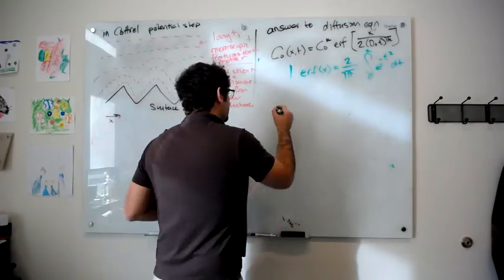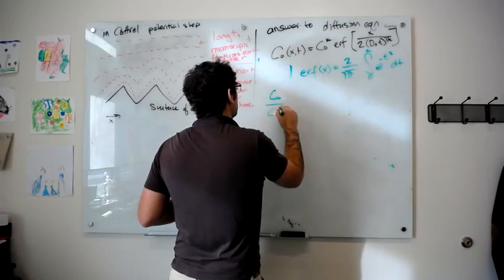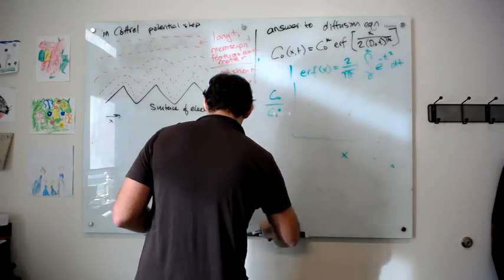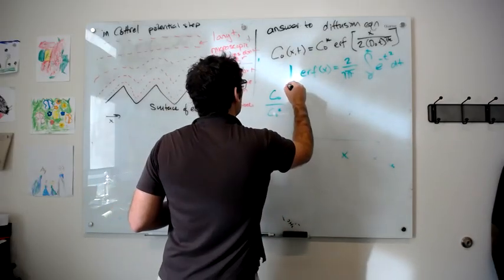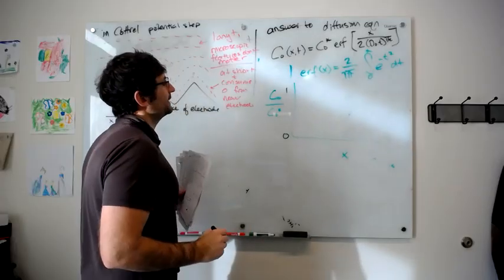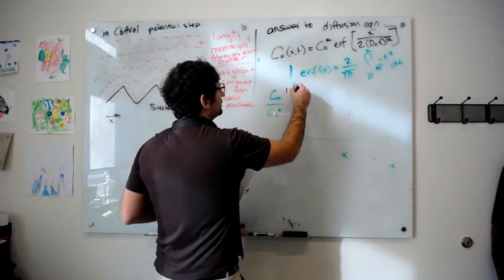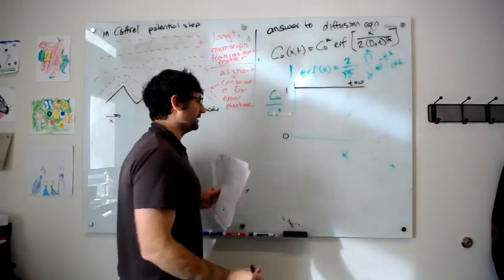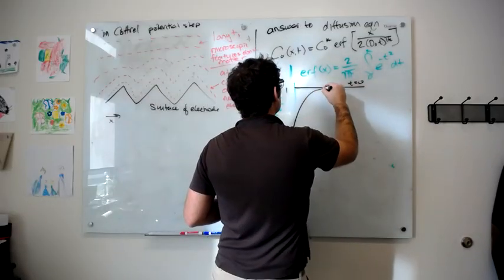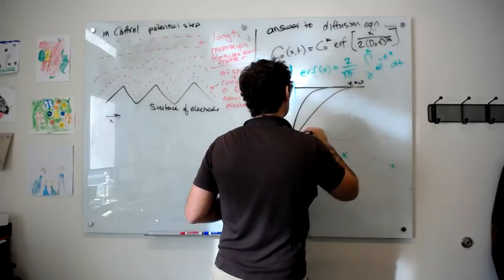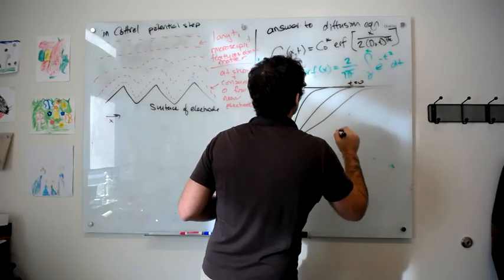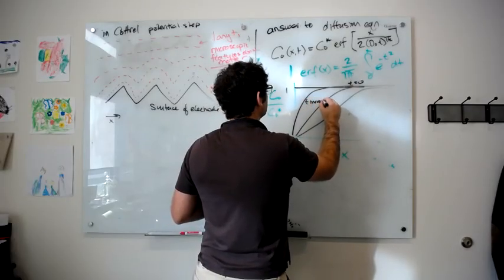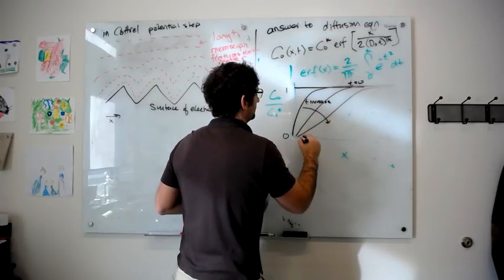So if we now plot C_O over C_O star as a function of x for different times, we go from 1 to 0 in that ratio. At time equals 0, of course, we have the same concentration everywhere. And the error function, and you can plot this in Mathematica, will give you a solution that looks like this. T increases as you go down these curves.